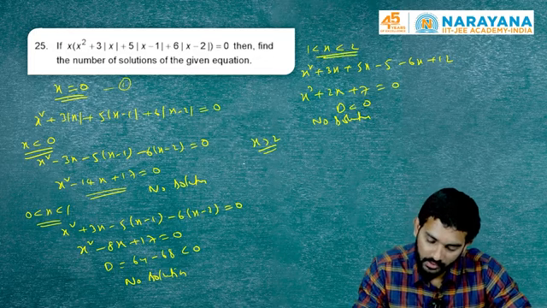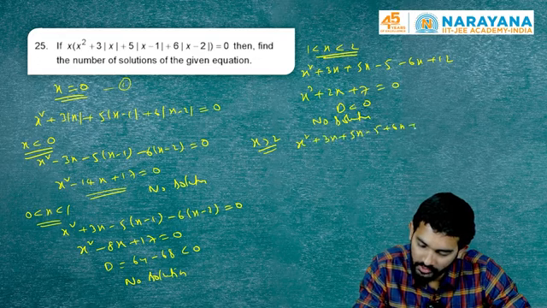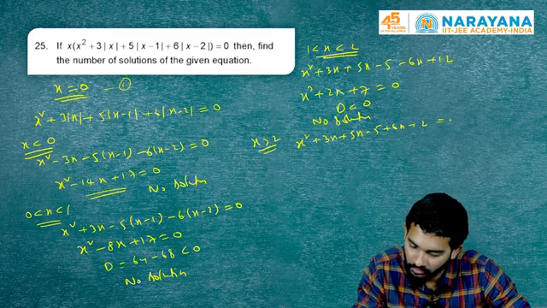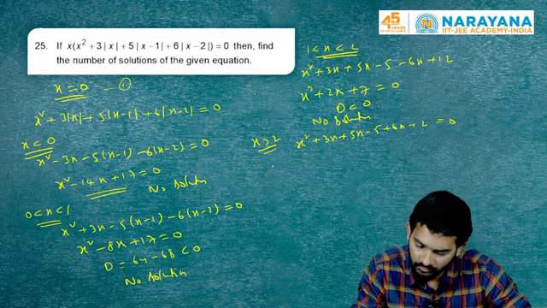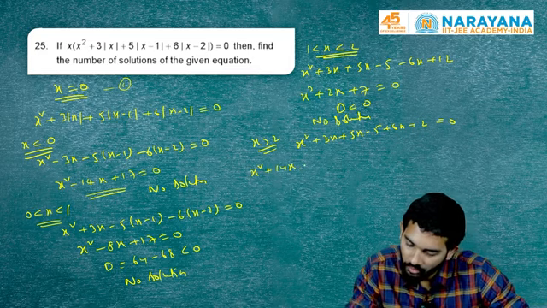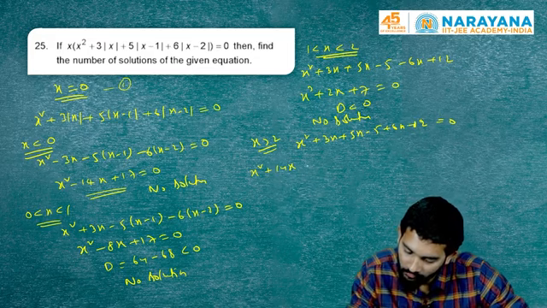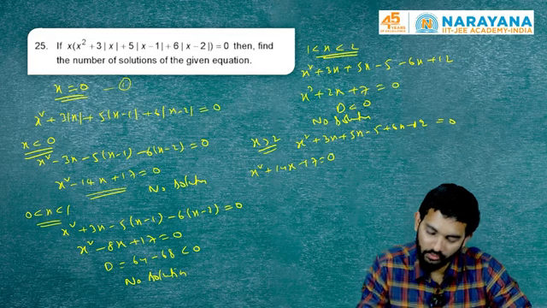So when I am taking x greater than 2, I'll get x square plus 3x plus 5x minus 5 plus 6x minus 12 equal to 0, which is x square plus 14x, minus 5 and minus 12, which will be minus 17 equal to 0.